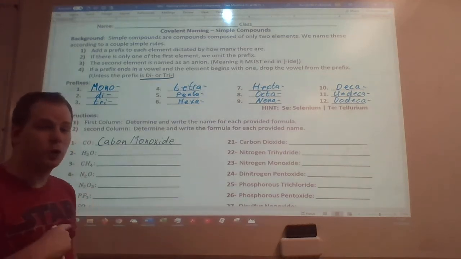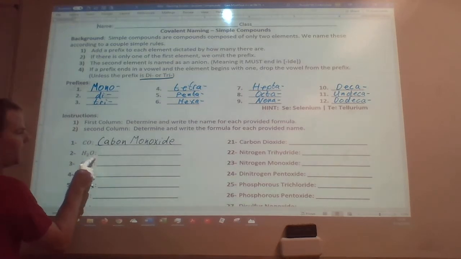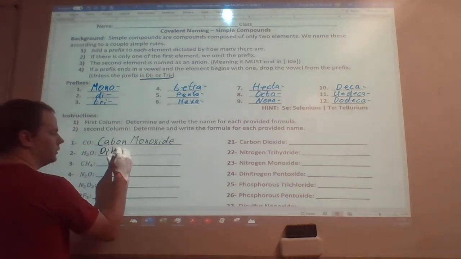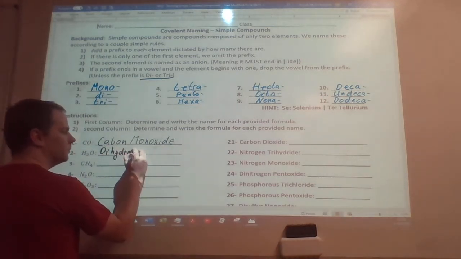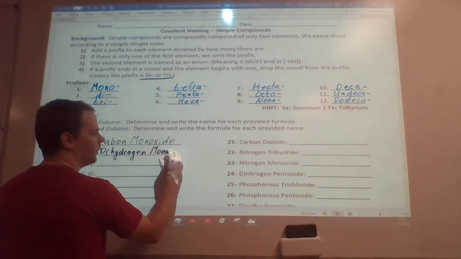This is the actual covalent name. We have 2 hydrogens and 1 oxygen, so dihydrogen monoxide.